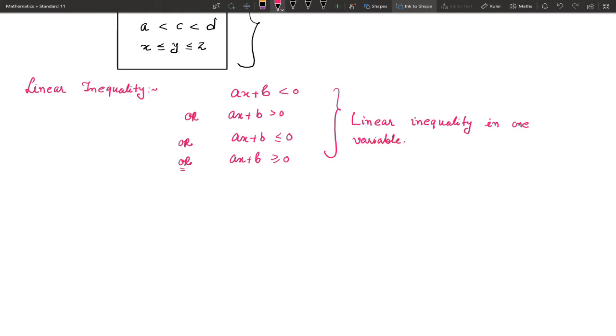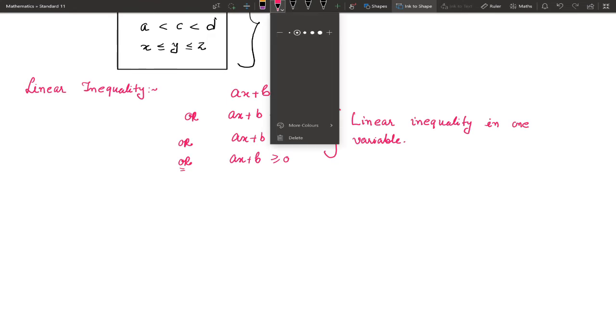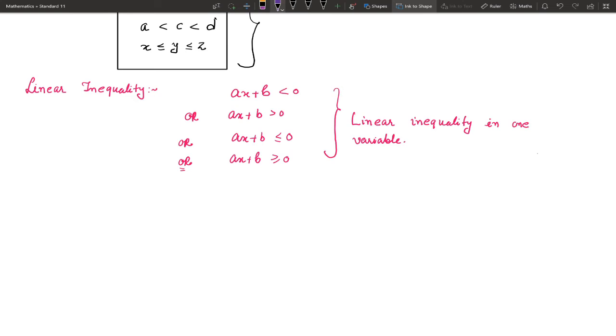For example, consider 2x plus 3 less than 0. First one. Second, consider 2x plus 7 greater than 0.